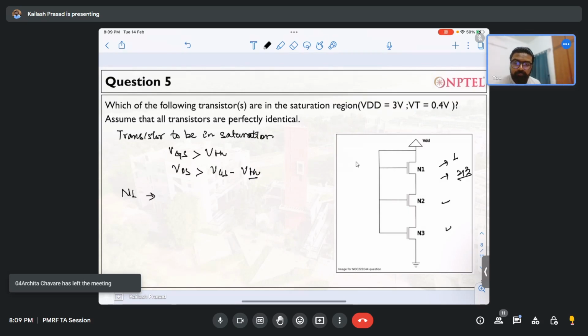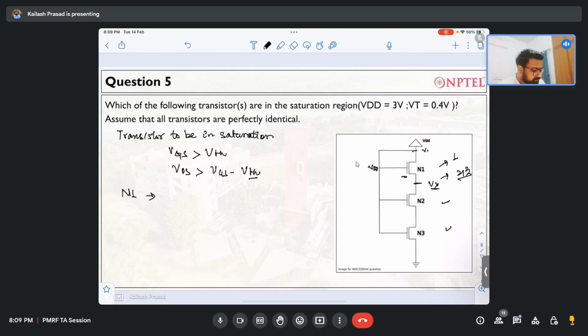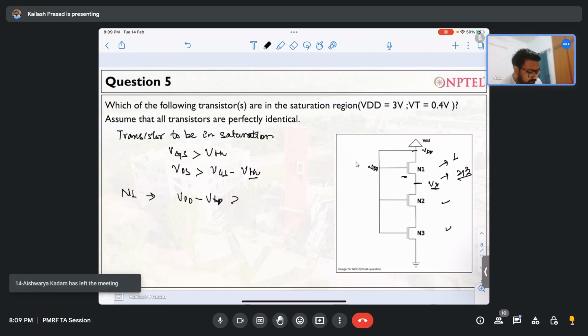For N1, the VGS of this particular transistor is what? VDD minus there is a voltage Vx, which we don't know. Then VDS, this is also VDD. So here it will be VDD minus Vx greater than this equation.